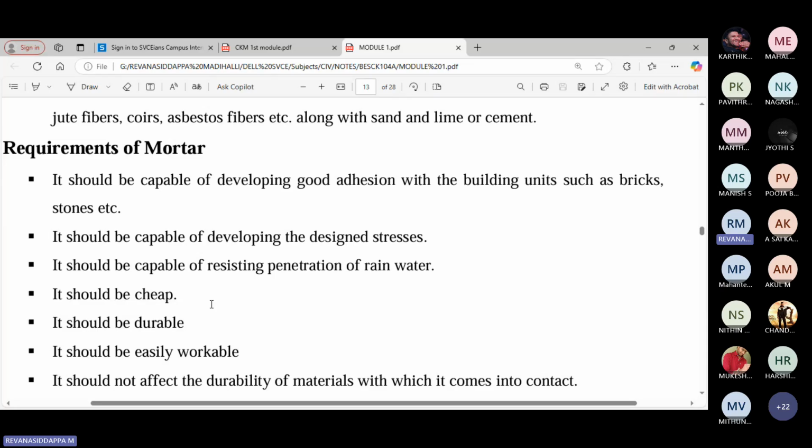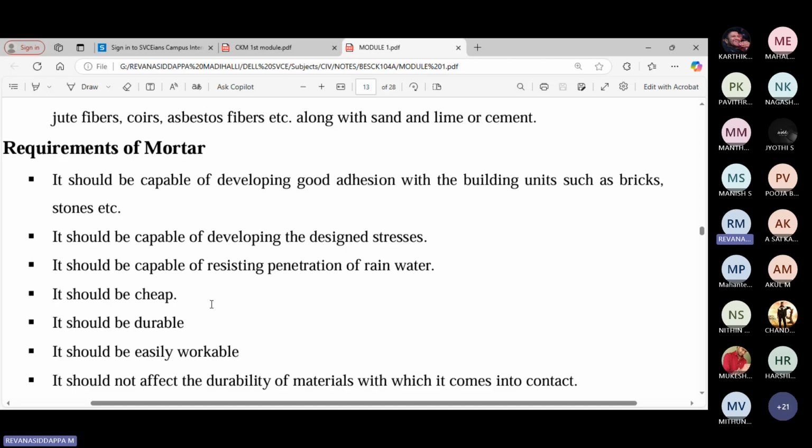It may be a residential building or commercial building or any corporate building. Mortar is a major material. If it is expensive in nature, then it will lead to a higher cost of construction. Therefore, it should be cheap.